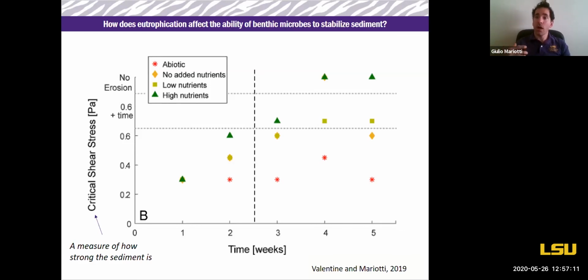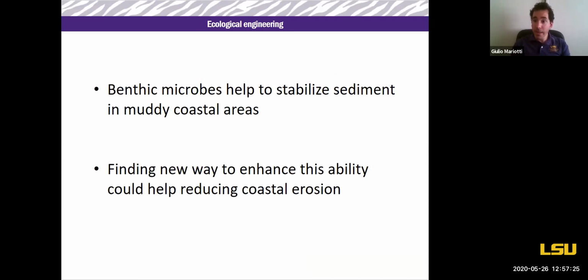And adding even more nutrients, which is the high nutrients case, which is the green triangle, the strength of the sediment increases even further. So the conclusion is that these benthic microbes, the brownish stuff that grows on top of muddy sediments, help to stabilize the sediment and therefore might reduce coastal erosion.